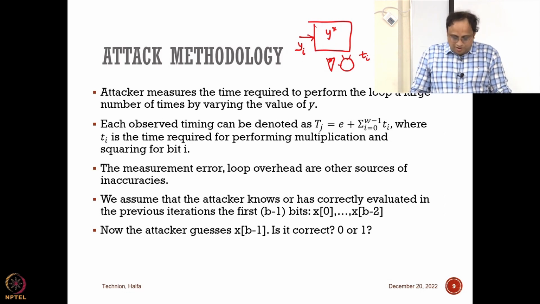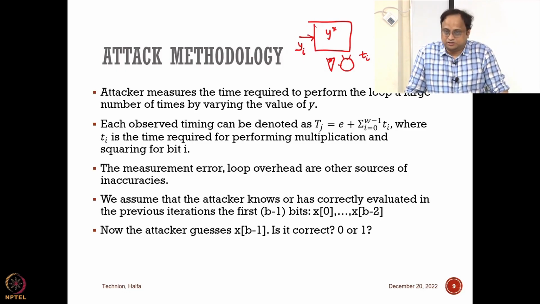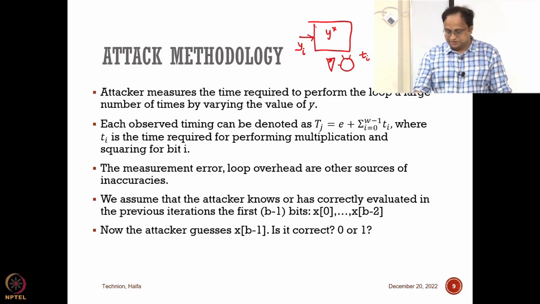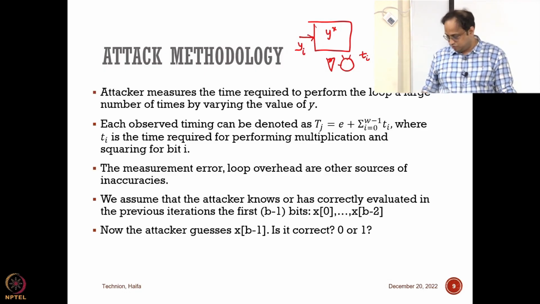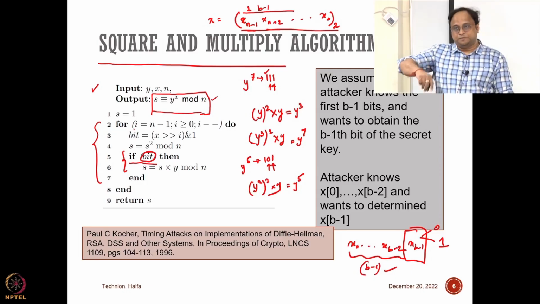Now let us try to understand what is really leading to the variations of timing, because you will see that there is variation in the timing. It is not a constant time implementation. If you go back to the code, you can see that there is a for loop, an iteration of the code, which means there are certain steps I am repeating again and again.